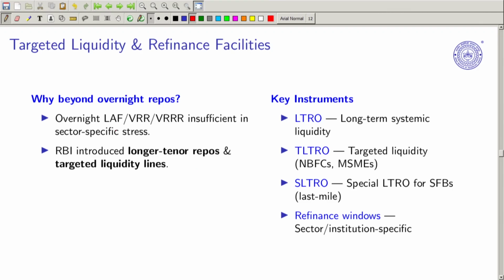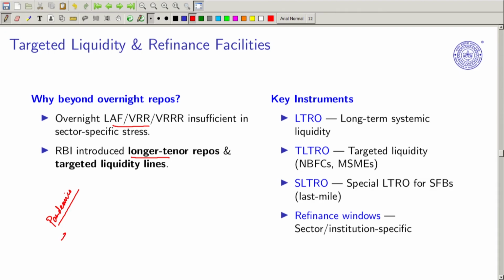Then we are looking at some of the new measures that we saw in recent years, and those measures really helped us understand. So here it is in terms of the overnight liquidity adjustment facility that we have already seen with repo and reverse repo. Then RBI, especially during COVID-19, during the pandemic, we saw that some challenges were occurring.